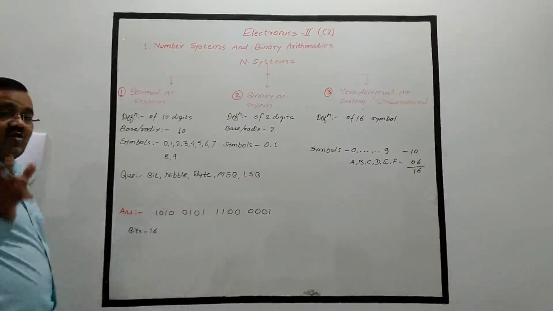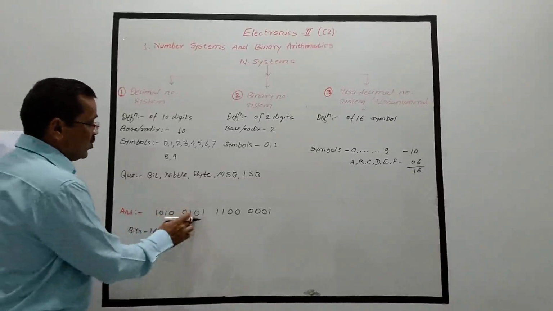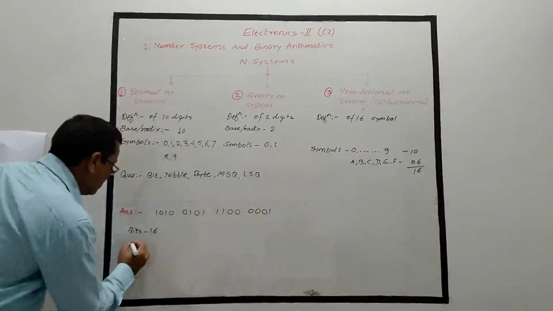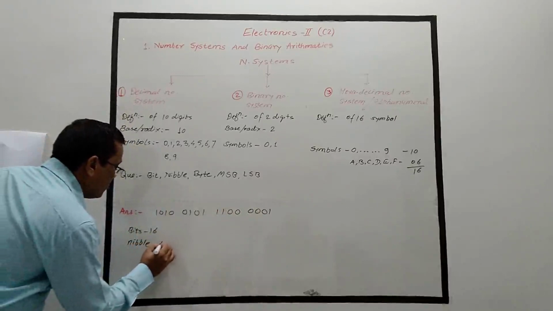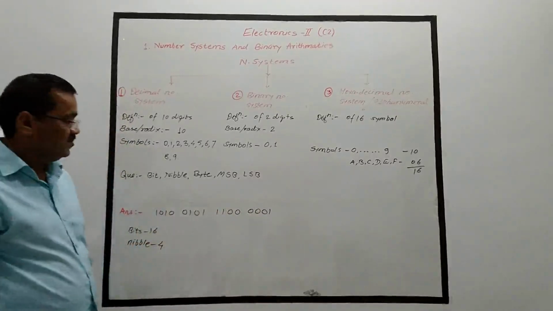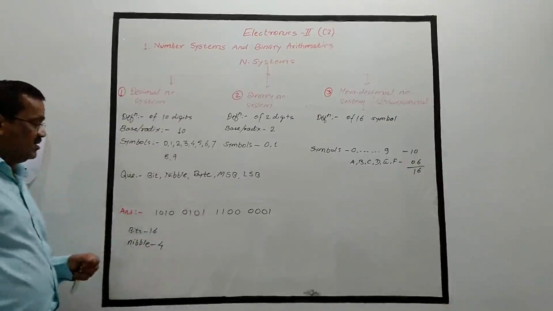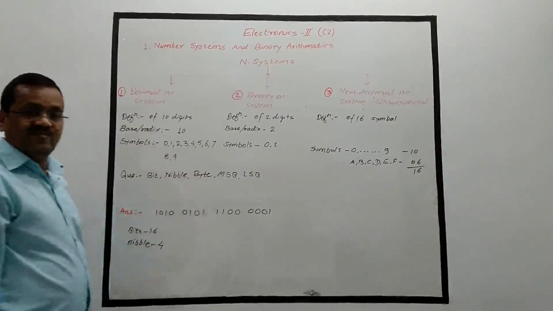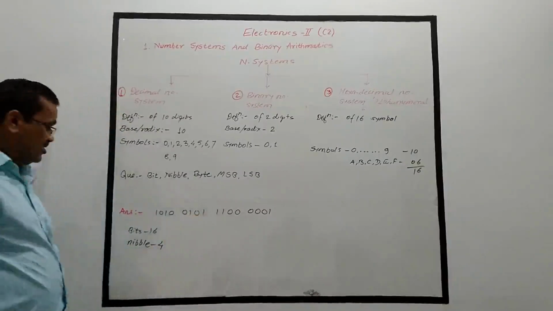A nibble is a group of 4 bits. So here there are 4 nibbles. A nibble is nothing but a group of 4 bits. Now what is a byte? A byte consists of 8 bits.